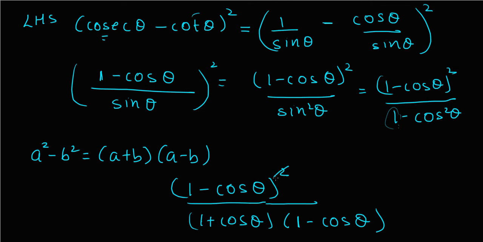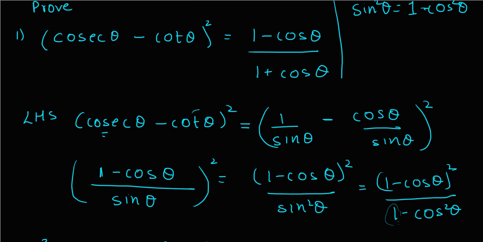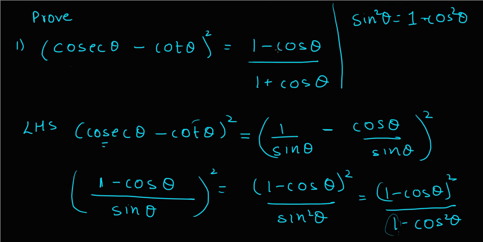So over here this and this will get cancelled and I will have 1 minus cos theta by 1 plus cos theta, which is our required result, because I had to prove that this is equal to 1 minus cos theta by 1 plus cos theta.